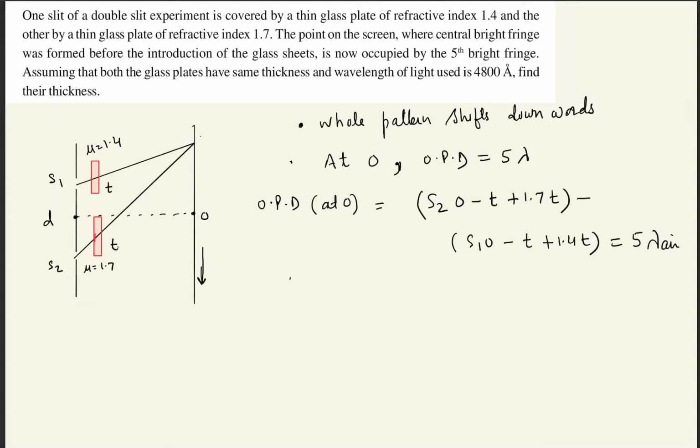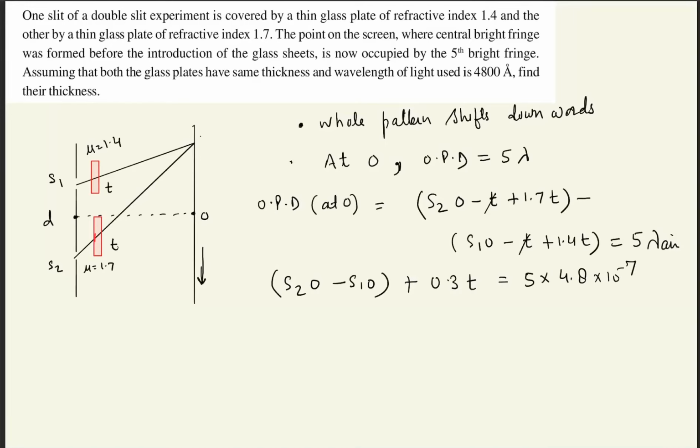On solving this, we get S2O minus S1O, T will get cancelled out. So S2O minus S1O plus 0.3 into T equals 5 into lambda in air, that is equal to 4.8 into 10 to the power minus 7 meter, 4800 angstrom.